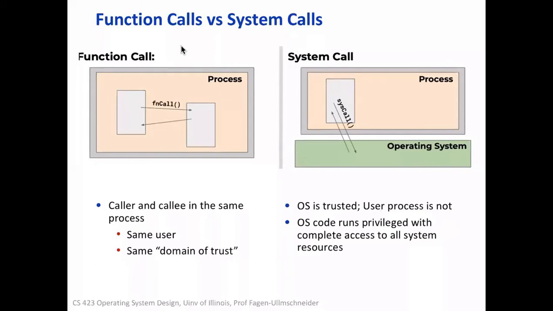While when we make a system call, the process that makes the system call is a user process. Now the system call will be handled by the OS.